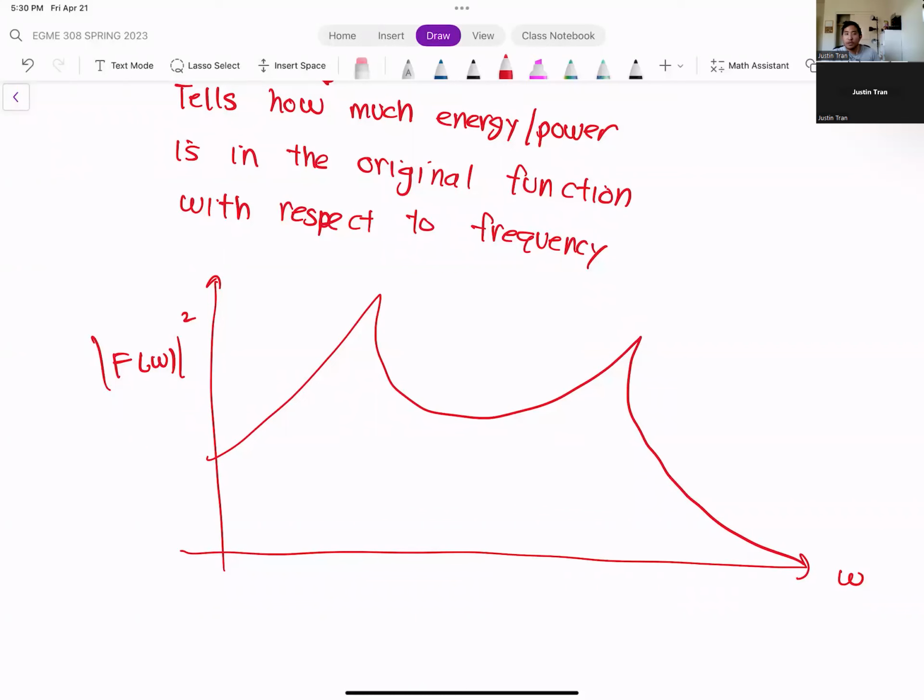And so all this tells you is that, in our original function, these frequencies, I was highlighting with my mouse and realized you can't see my mouse, right? These frequencies are going to be the most dominant frequencies in your signal. And oftentimes, if you're doing signal processing, if you're doing signal smoothing, if you're trying to find frequency response, if you're trying to find the natural frequency of a system, these are often really interesting to know and really important to know for your application.